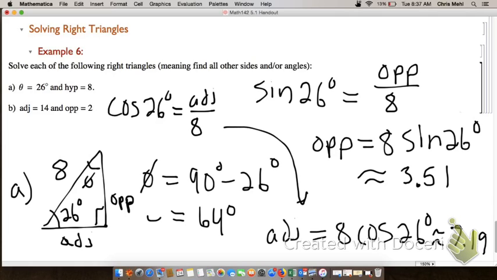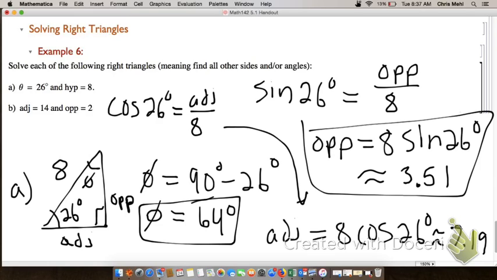So here's all my 3 missing values. We're not going to cover part B in class today. I'll leave it to everybody as an exercise. This time you're given the adjacent side and the opposite side. You have to find the hypotenuse.